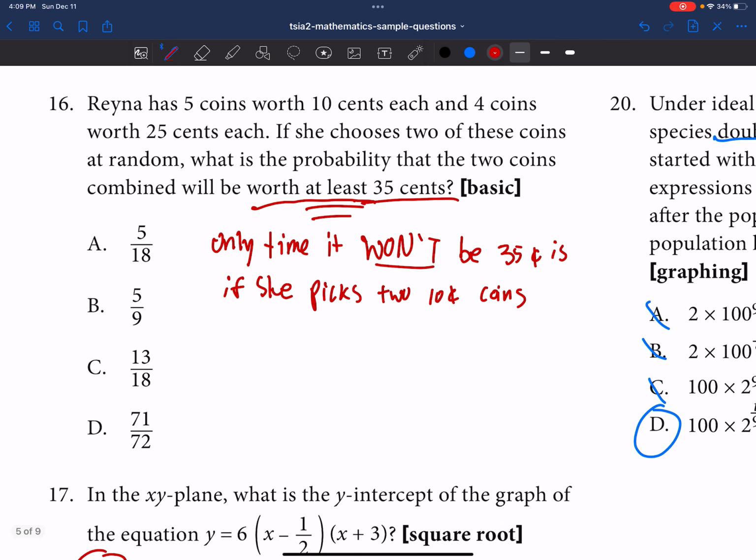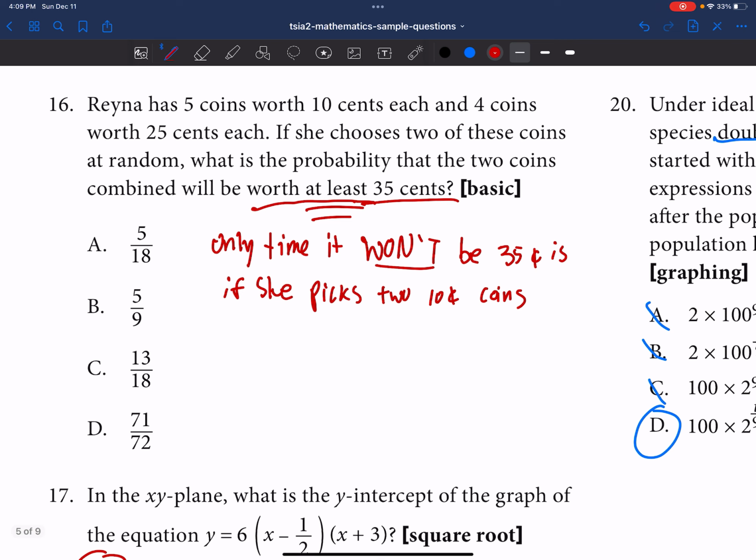So if you multiply, you would just think about the probability of picking a 10-cent coin.